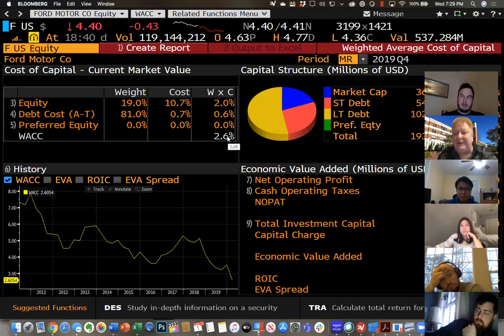But the point is, who wants to basically put money into Ford long term and make 2.6%? They're a much more risky company than 2.6%. I mean, they're basically on the verge of being a junk bond. And you're telling me that I'd make 11% at Nike. Am I going to make 2% at Ford?